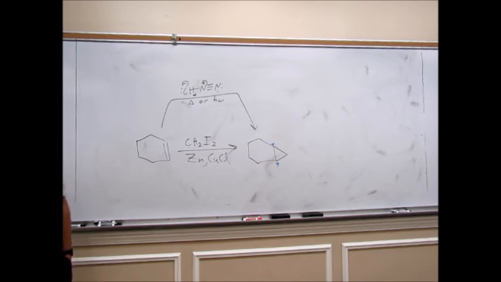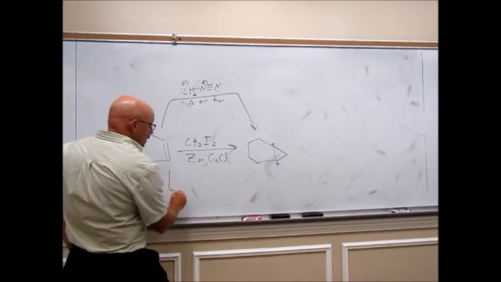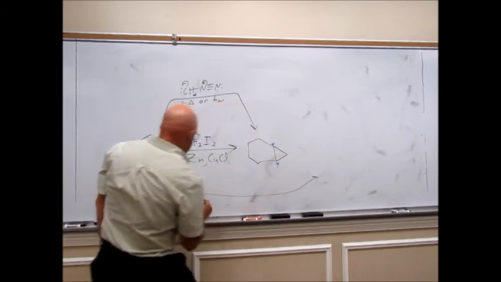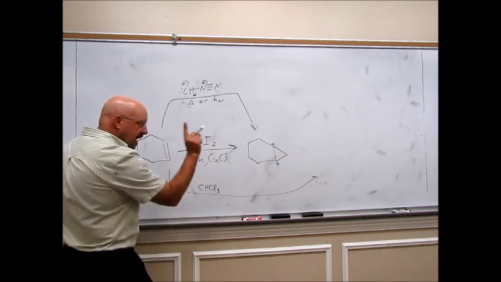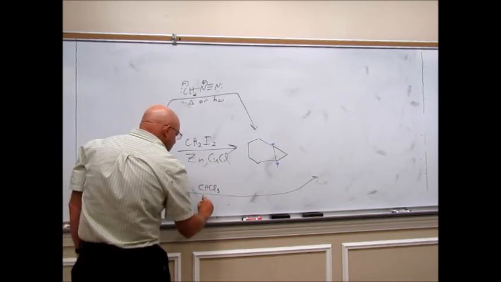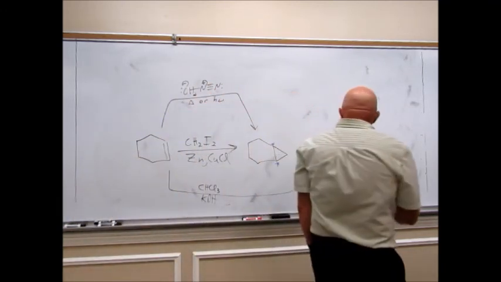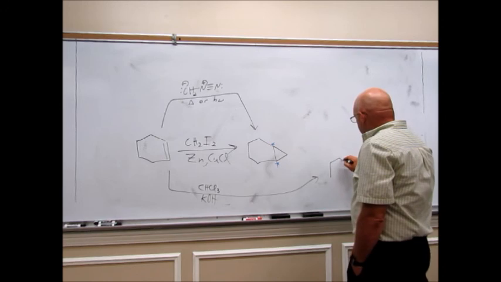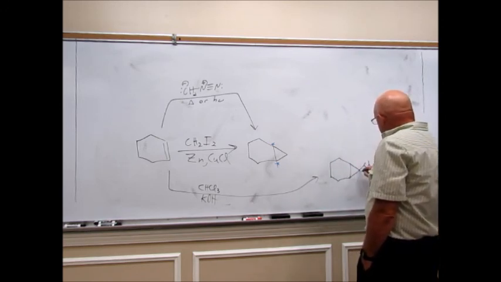Now if we'd done the other one with the chloroform, put that one down here. If you use the chloroform, it's the same thing except there's 2 chlorines on there. So you have to pay attention.